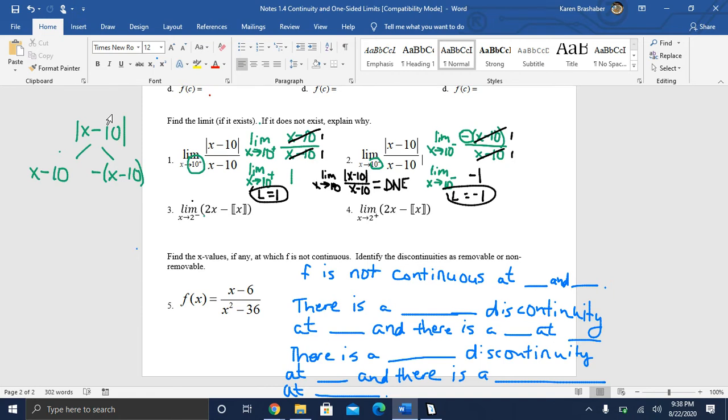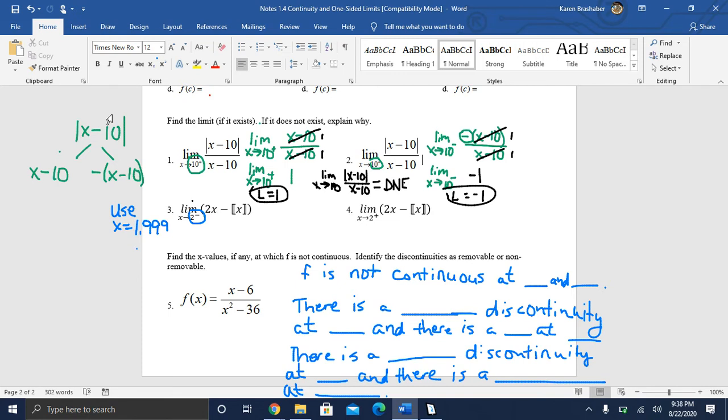So we're going to investigate, starting with 2 from the left. I'm going to choose an x value that is close to 2, but is left of 2, so in other words, smaller than 2. So I'm going to use x equals 1.999.